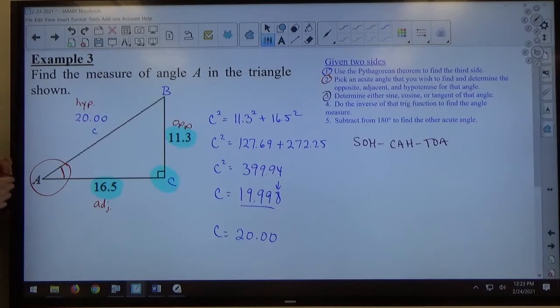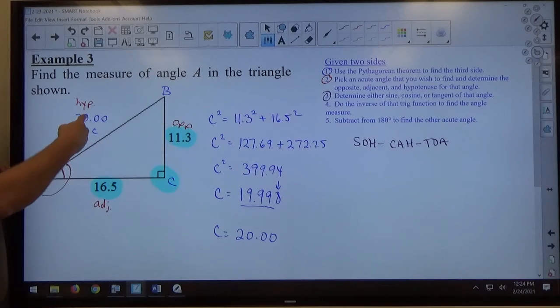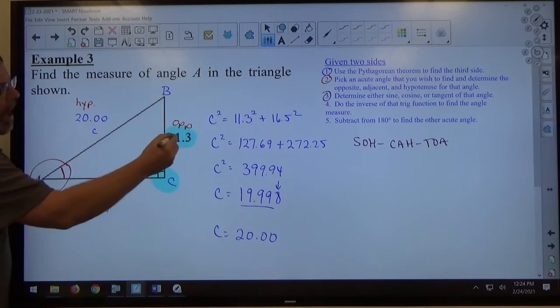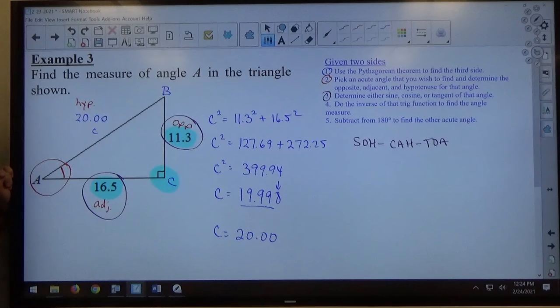So when I'm looking at SOHCAHTOA, and I've got all three of these numbers, whether I do sine equals this over this, or cosine equals this over this, or tangent equals this over this, they're all going to result in the same answer for A. Okay? But there'll be a slight discrepancy based on approximations. So if I have exact values, which are the ones that were given to me, it's best to use the one involving those two numbers.